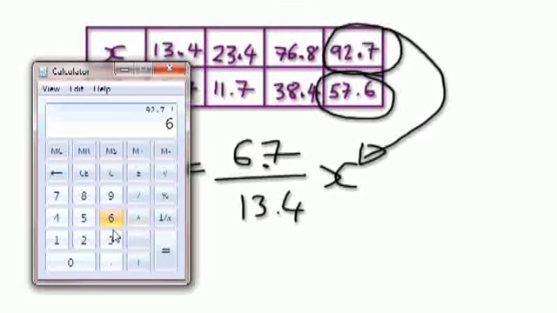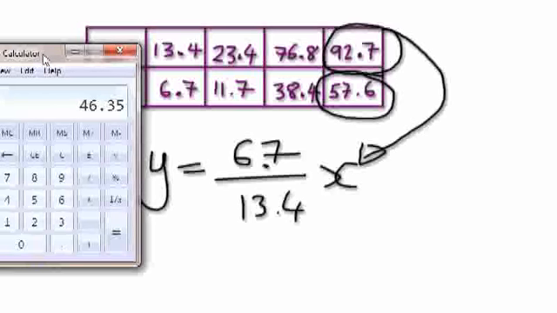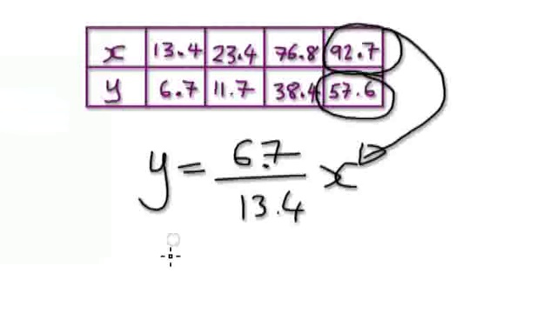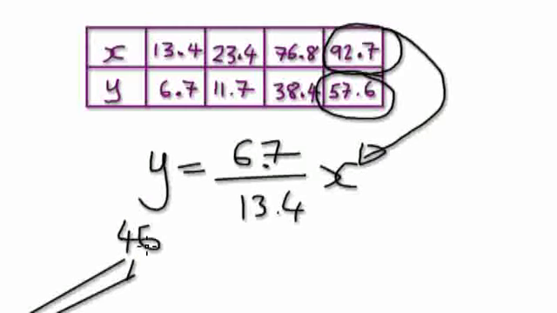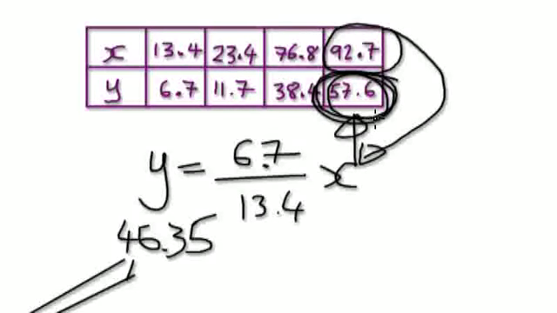Times it to the top, 6.7, and then divided by 13.4. So the y value is this. If it truly lies on that line, then y should equal 46.35. But the y value here is not that, so this point is not on that line.